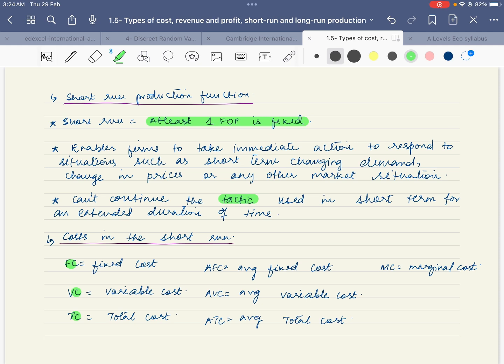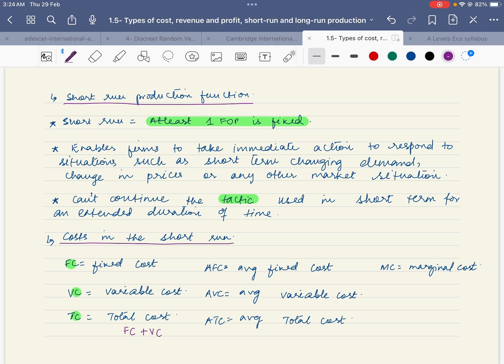Variable cost changes with the output. For example, more labor is required to produce more units, more raw material is required to produce more units. Total cost is the sum of fixed cost and variable cost.